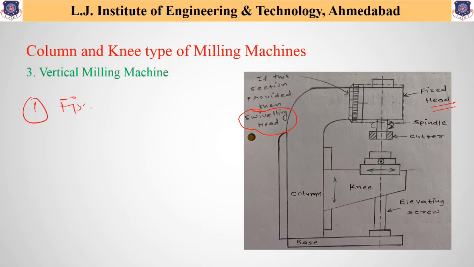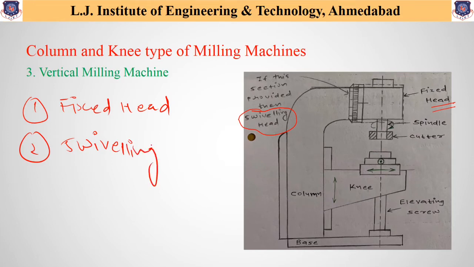First one is fixed head and second one is swiveling head. In normal cases, a vertical milling machine may consist of the fixed head or it may consist of the swiveling head.